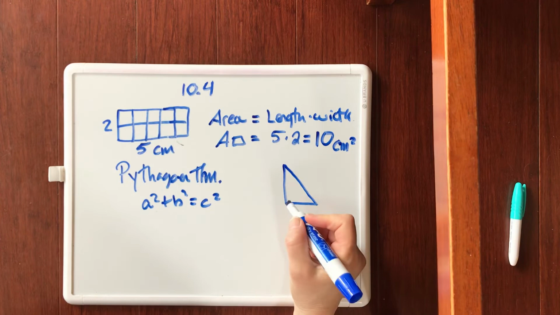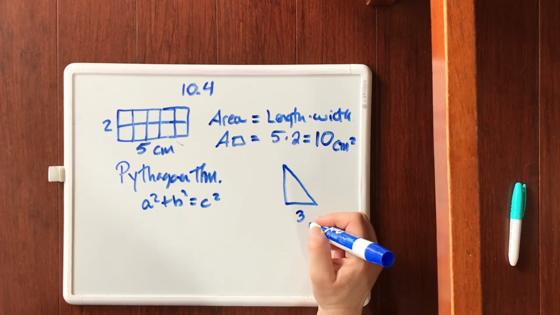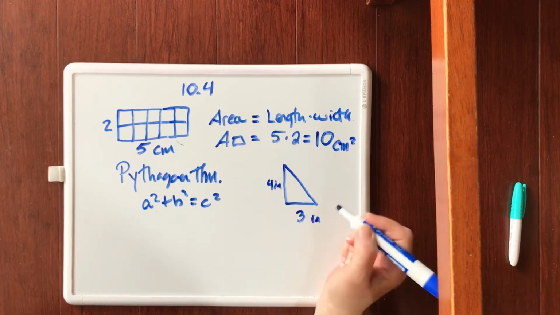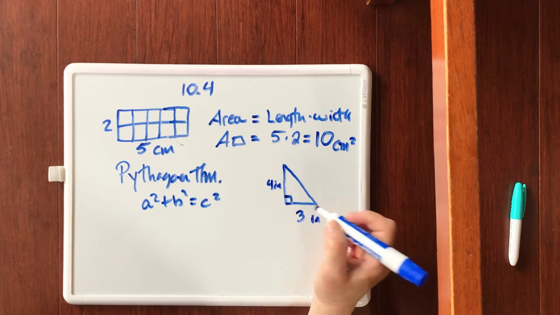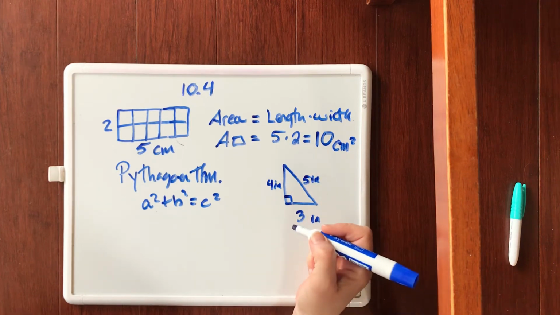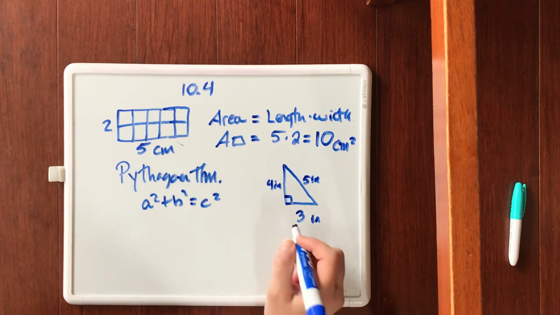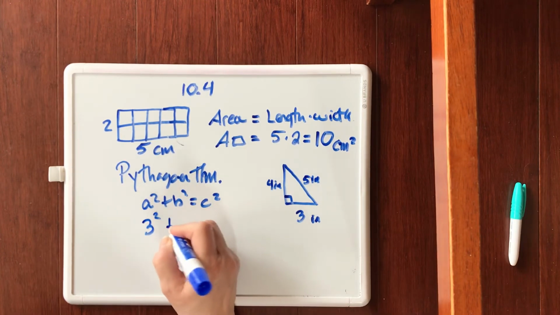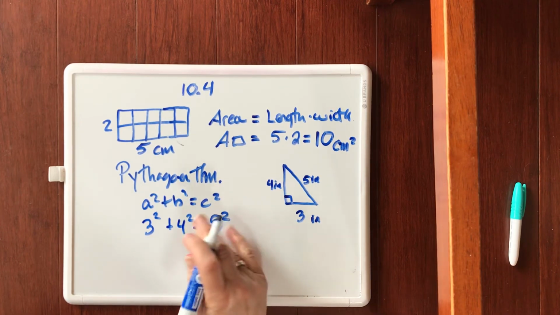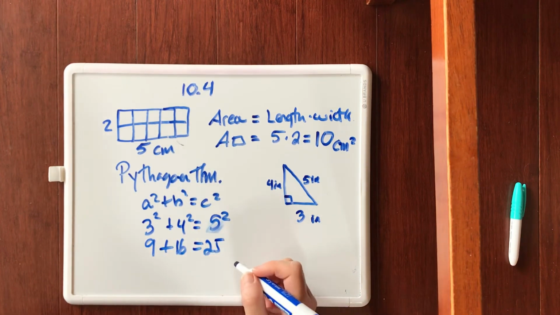Let's say that this is 3 inches and this is 4 inches. If we use the Pythagorean theorem, we can calculate that this will be 5 inches. This is called a Pythagorean triple. Using this formula, we had 3 squared plus 4 squared equals 5 squared, which would be 9 plus 16 equals 25, which it does.